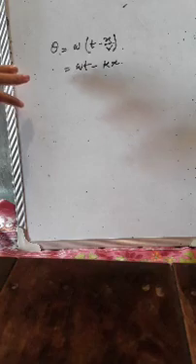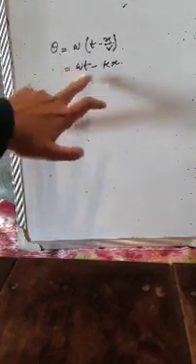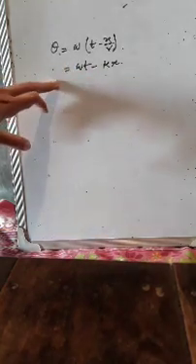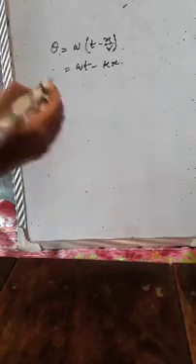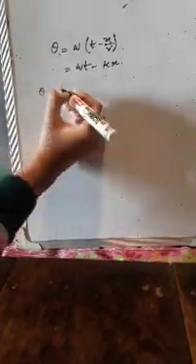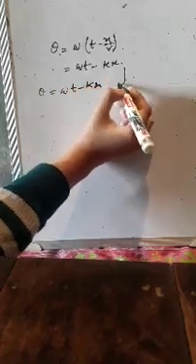This also we have learned. So, taking this value of omega, that is omega t minus kx, we can write the value of angular function theta in this way also. It is theta equals omega t minus kx.